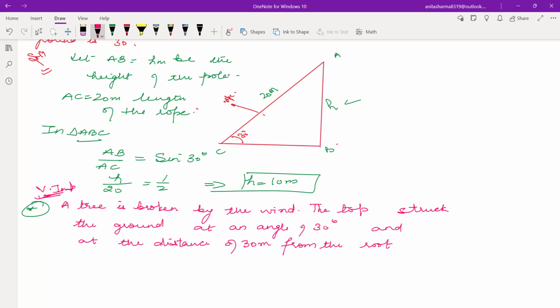So find the total height of the tree. Will you try, children? Yes, ma'am. Okay, try it.